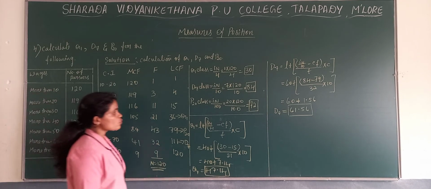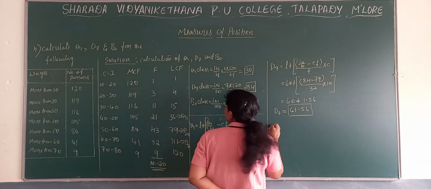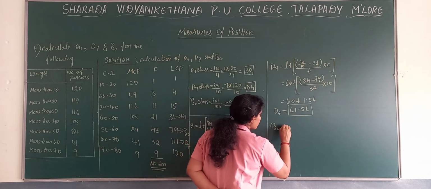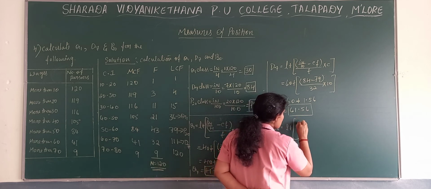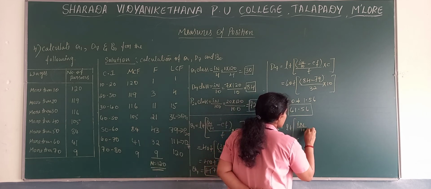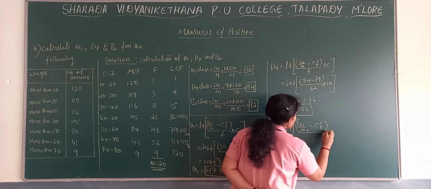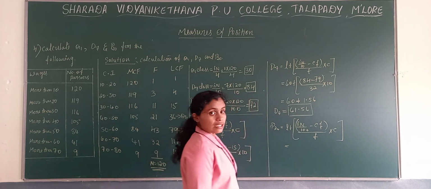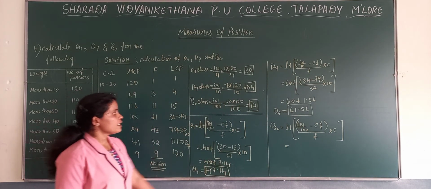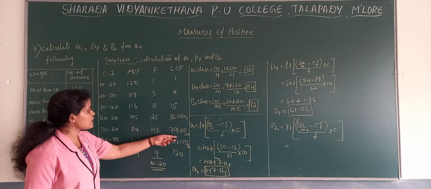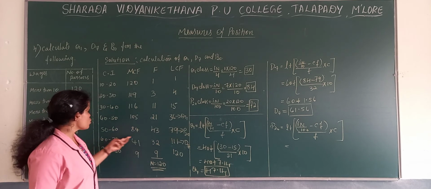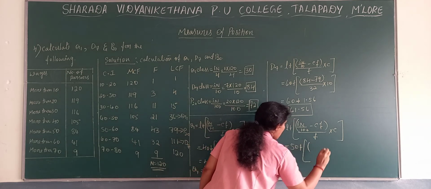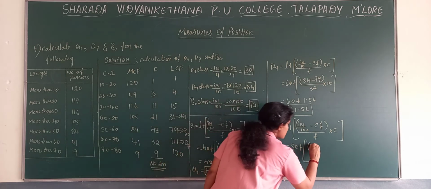And then the last one, that is percentile 20, that is P20. So write the formula for P20: L plus IN by 100 minus CF divided by frequency into C. Now see the class, which is the percentile class. Here we get 72. So we get the percentile class where LCF is 79. So here the lower limit is 50. 50 plus IN by 100, we get 72.